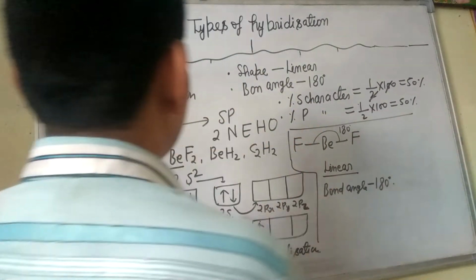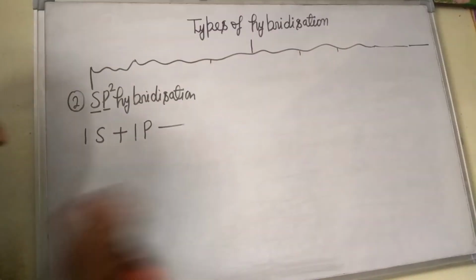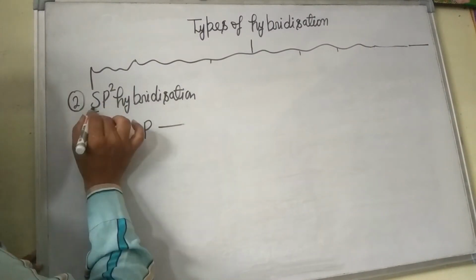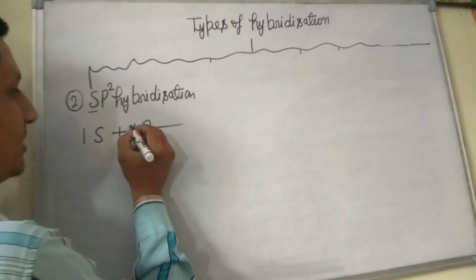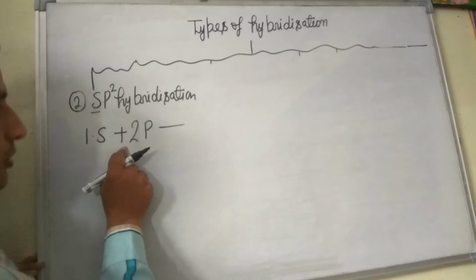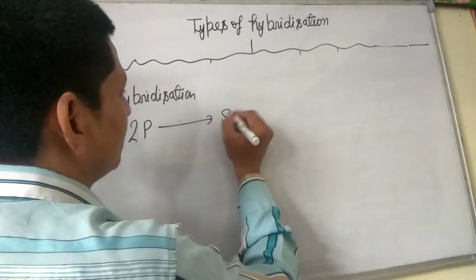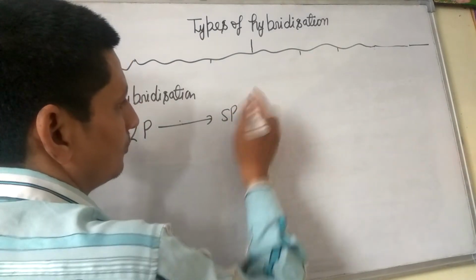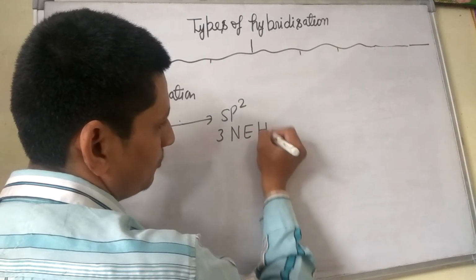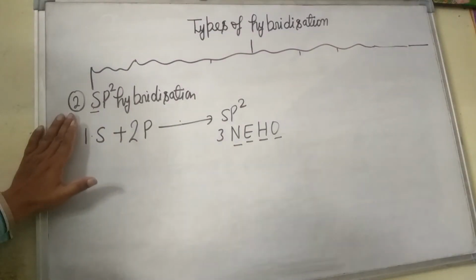When one s orbital and two p orbitals mix together to form 2 plus 1, 3 NeHo, 3 new equivalent hybrid orbitals, this is called sp2 hybridization.